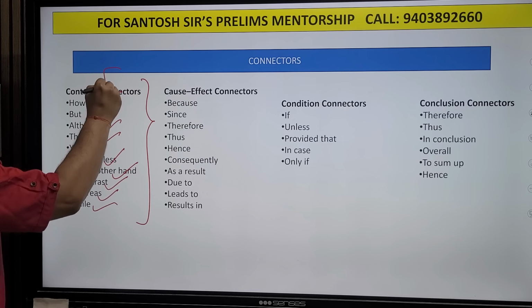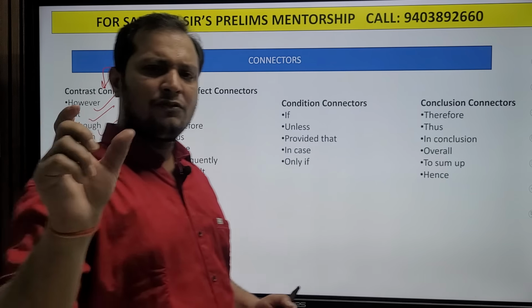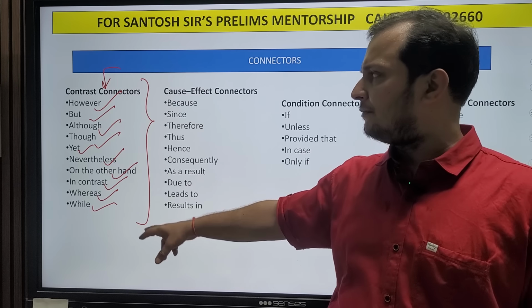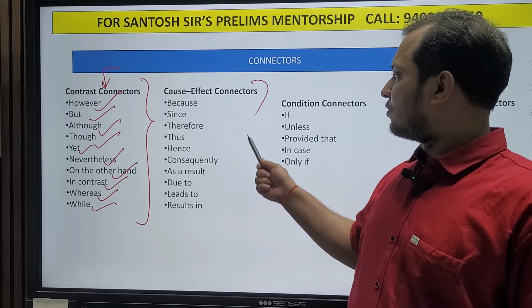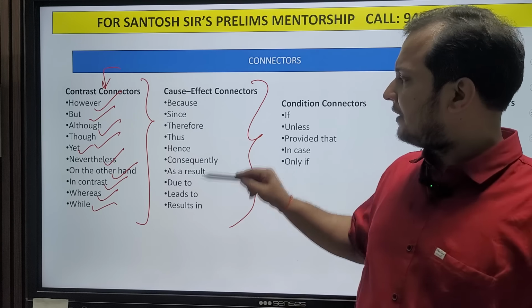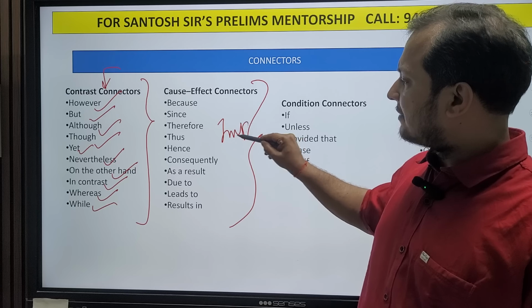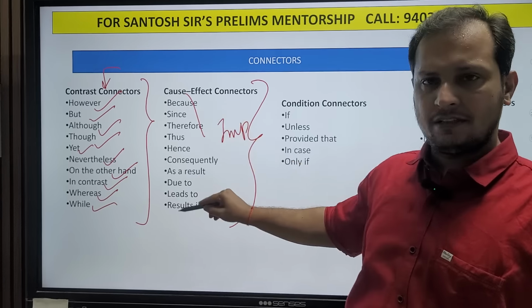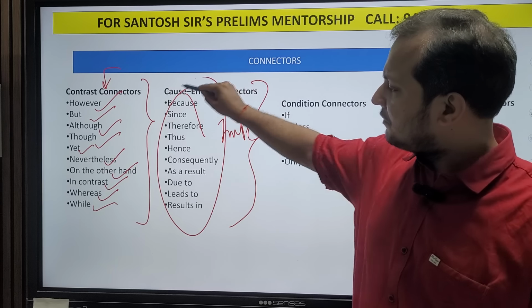These are contrast connectors. Whenever such words come, there will be a change in idea. This is very, very important. Then these are cause and effect connectors. These are very, very important. Most of the RC questions are prepared from here.